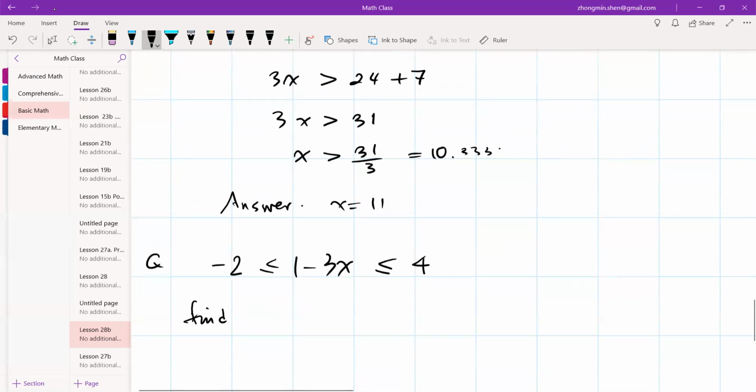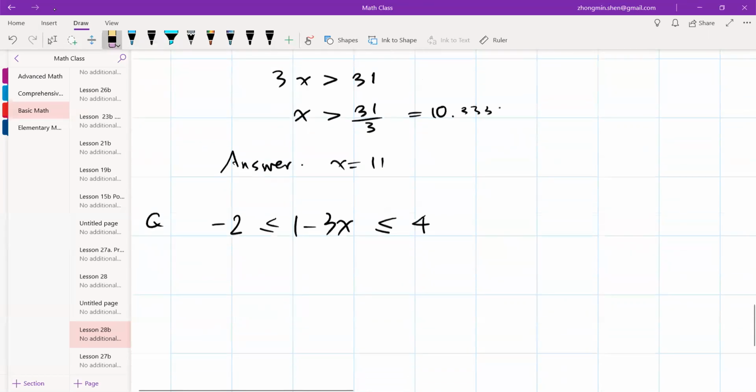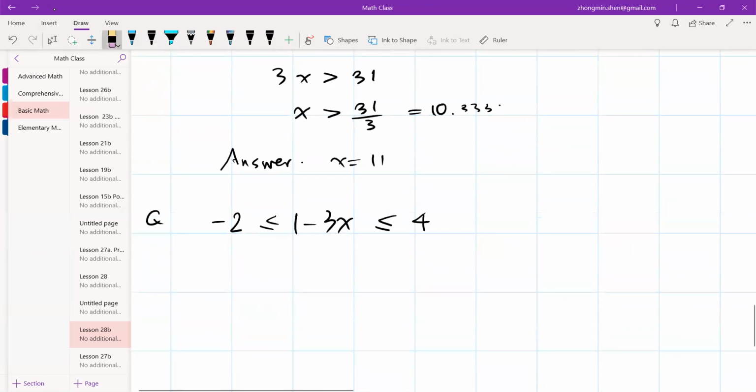Now I have the actual two inequalities here. These two inequalities are combined into one. Actually, x has to satisfy this inequality, and the same x should satisfy another inequality. That's two inequalities combined into one.